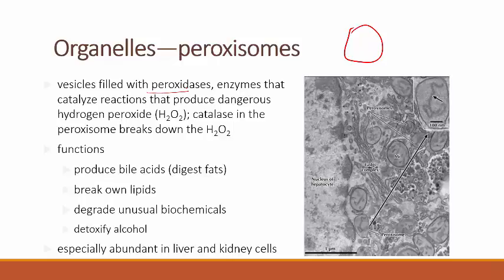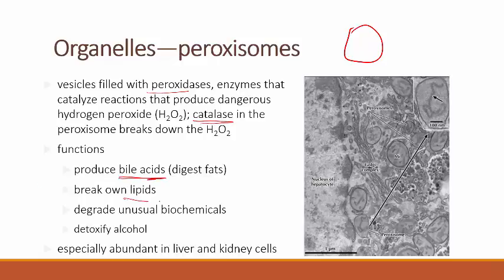And so there is an enzyme called catalase in these peroxisomes that will break down this really dangerous peroxide, like hydrogen peroxide. So we use these peroxidases to produce bile acids that are used to digest fat.